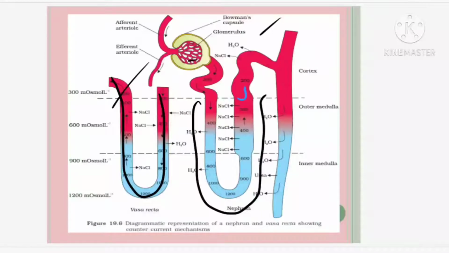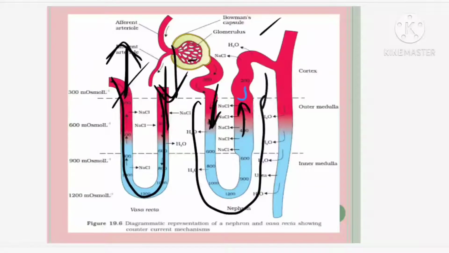Now listen, how is the urine actually getting concentrated? I told you this is the descending limb of the Henle's loop and this one is the ascending limb. But in the vasa rectae, this one is descending and this one is ascending.